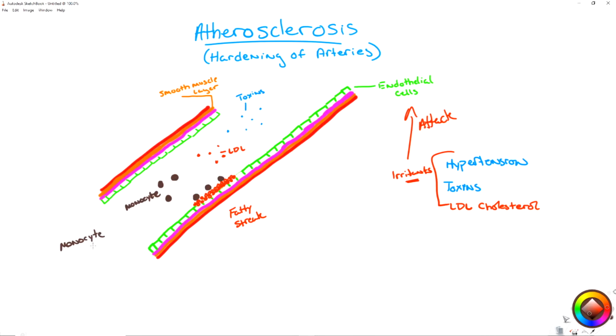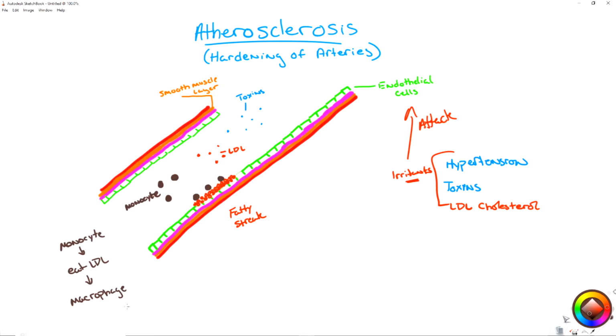once they start eating, is going to eat the LDL in the fatty layer, and they're going to transform into a different type of white blood cell called a macrophage. And these macrophages eventually are going to get so full of these LDLs that they're going to die.